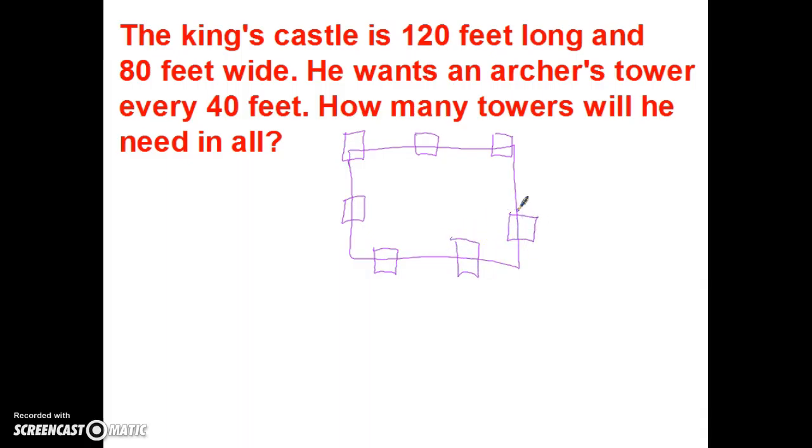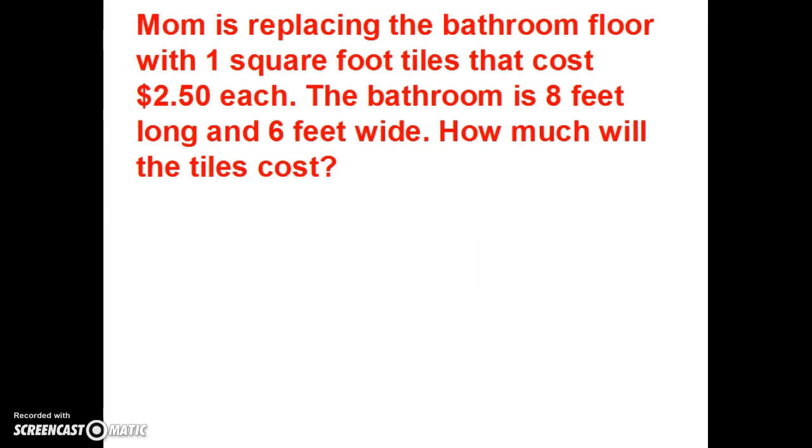So between each archer's tower, he's got every 40 feet. We're going around this castle, which would make it perimeter, because it really doesn't make any difference what size the castle is on the inside, because we're just putting towers on the outside.